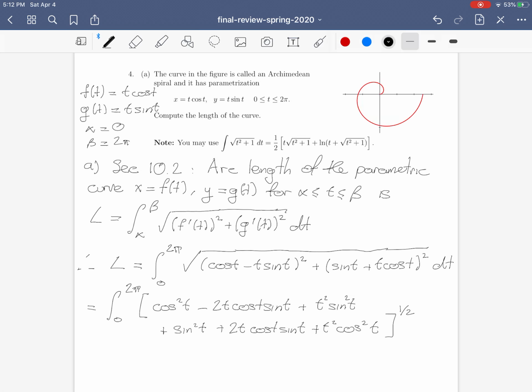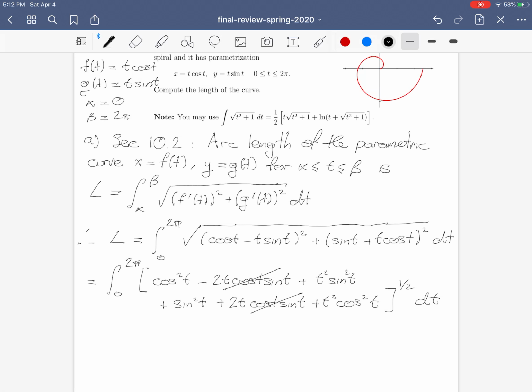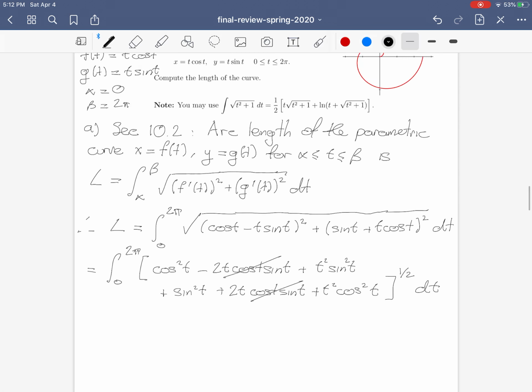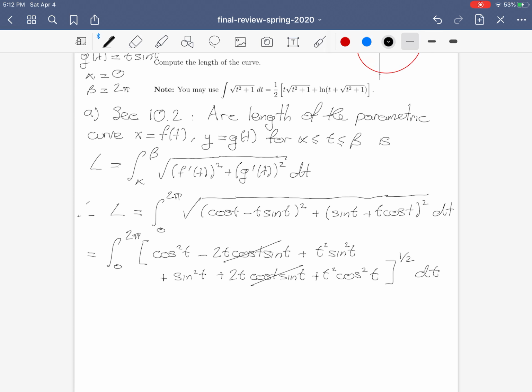And we're taking the square root of this, so I've written this as raised to the 1/2 power dt. And what we notice here is, well, first of all, the cross terms cancel. So we have a 2t cosine t sine t that cancels with a negative 2t cosine t sine t. Moreover, we can make one further simplification using the fact that cosine squared t plus sine squared t is equal to 1.